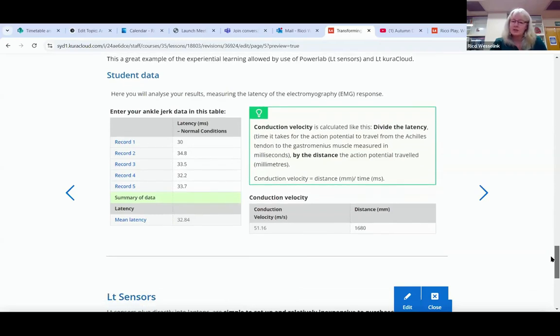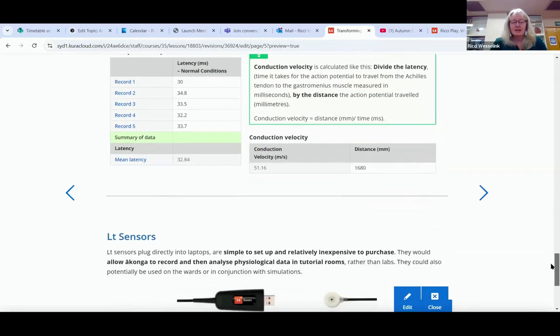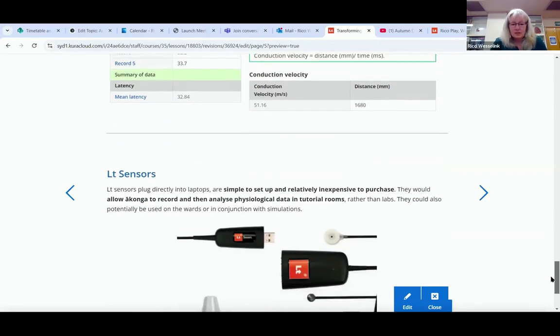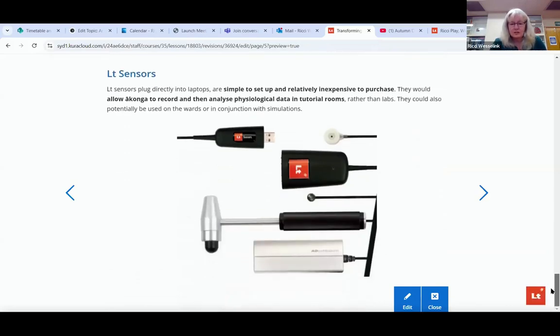So the students really enjoy that experiment. And Deepika showed you the LT sensors that plug straight into people's laptops, reducing the need for the old Power Labs. Very handy. We're not working with them yet, but we'd like to.